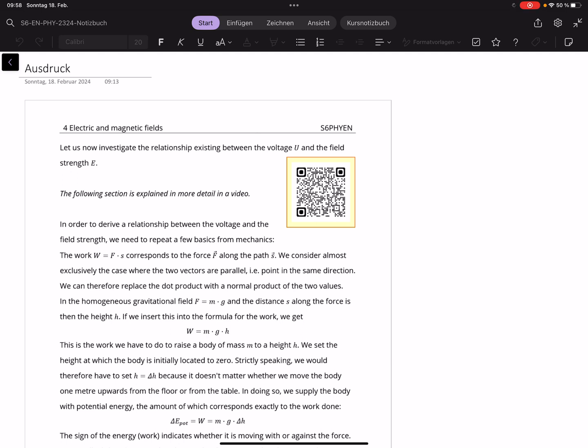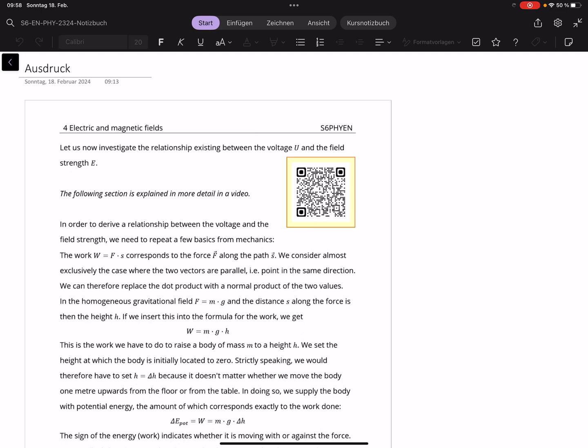So in a battery, for example, with a certain voltage, there are two poles, the plus and the minus pole, meaning that we have some more positive charges on the one side and some more negative on the other side.